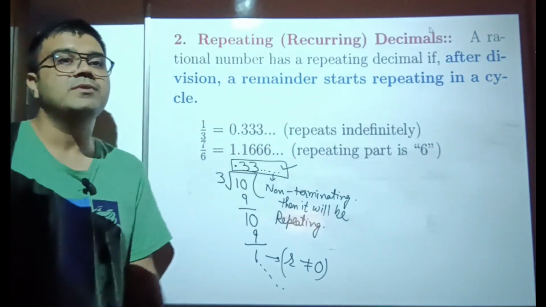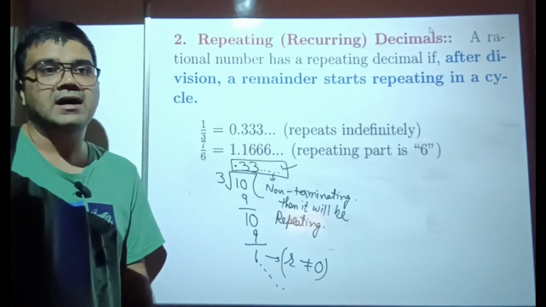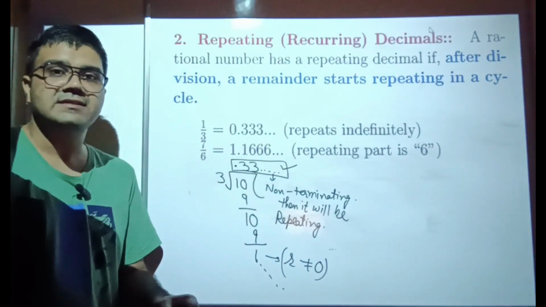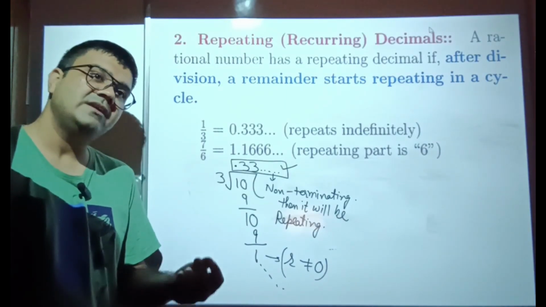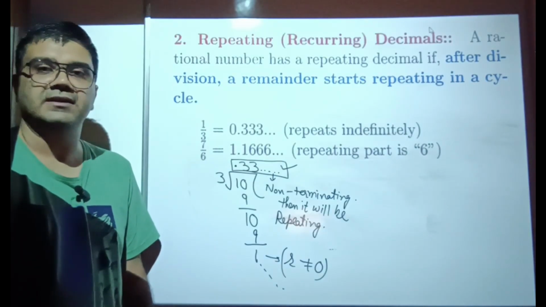So what we obtain over here is that the rational numbers either have the terminating decimal representation, or if it is non-terminating, then it is repeating.